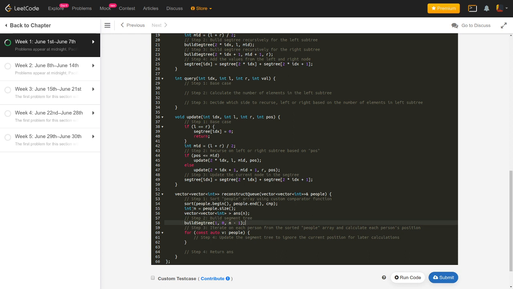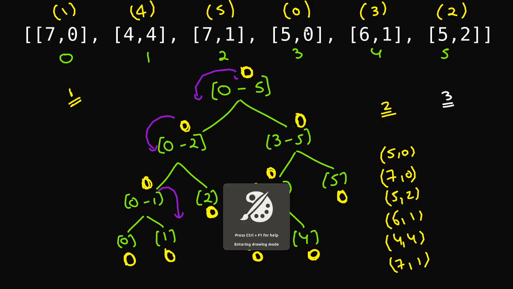Okay, so once we have this sorted array, once we have the answer array in which we'll be storing all our answers, what next we'll be doing is we'll just iterate on this sorted array. So we just iterate on the entries like 4 comma 4, then 5 comma 2, then 5 comma 0, and so on.